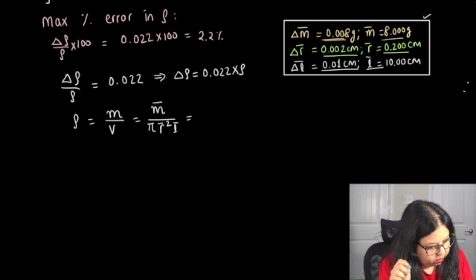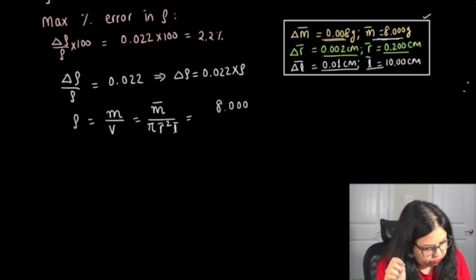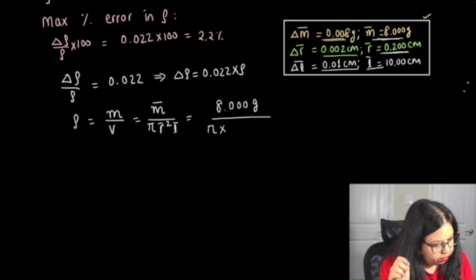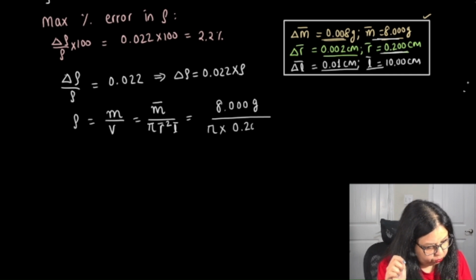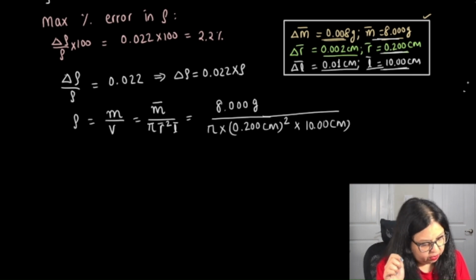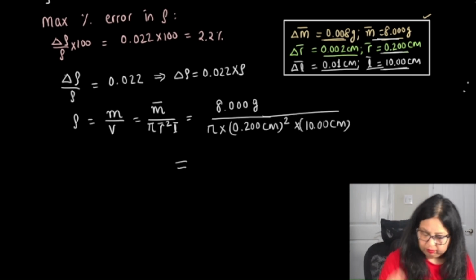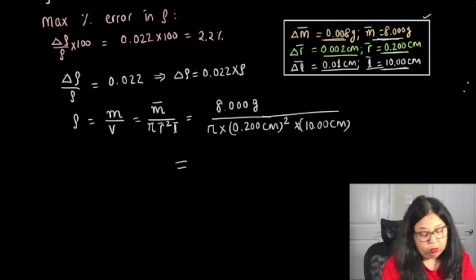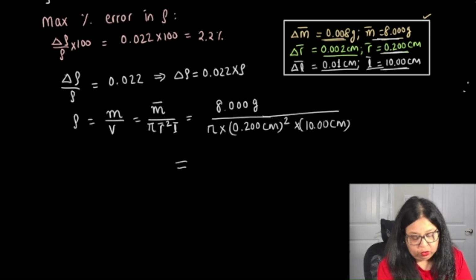M bar here is 8.000 grams divided by pi, r bar is 0.200 centimeter squared, times L bar, 10.00 centimeters.